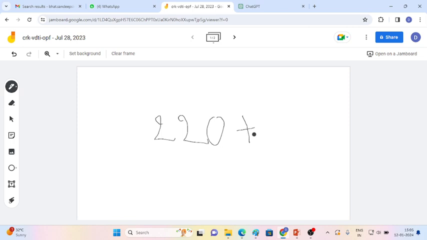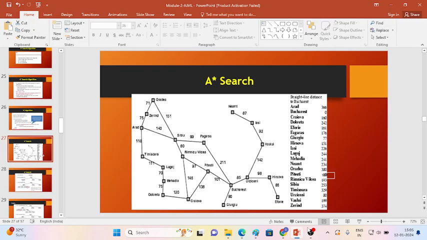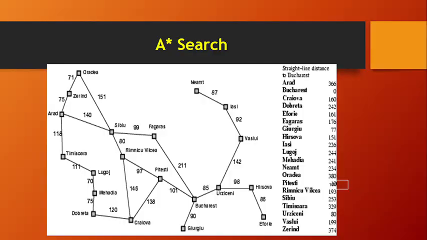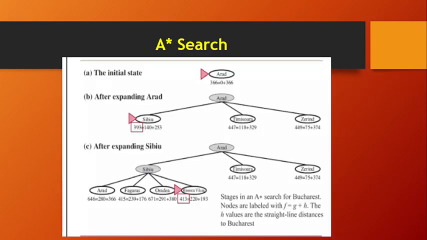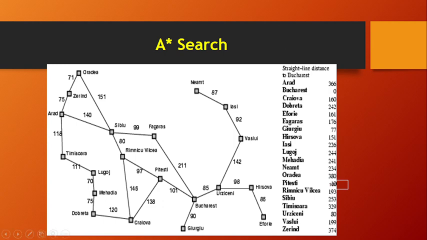So 220 plus 193, that is 413. Let us check the answer. See here, this is 413. And we mentioned that f equals g plus h, where h values are the straight line distances to Bucharest. Similarly, we go to the map.